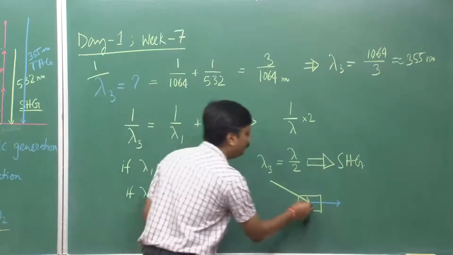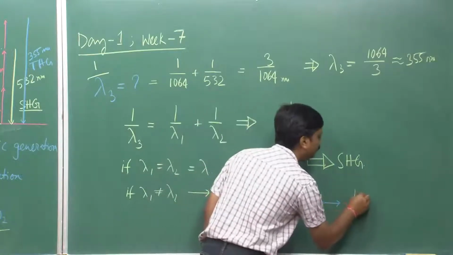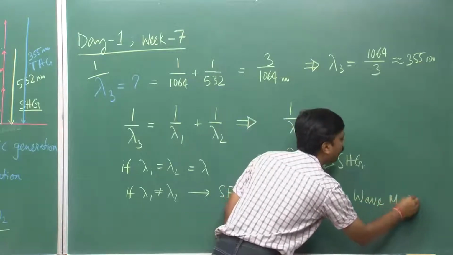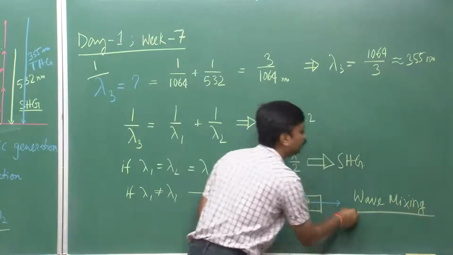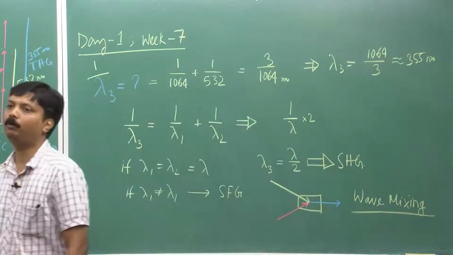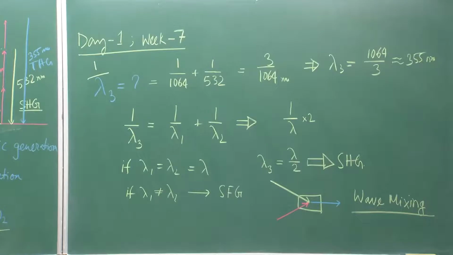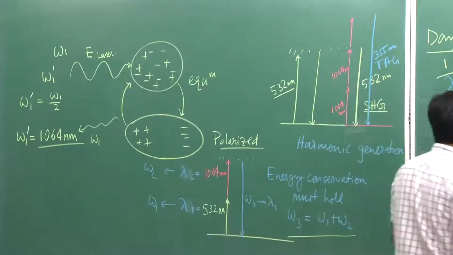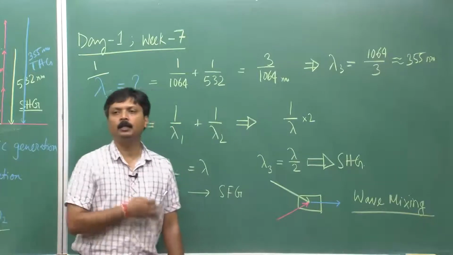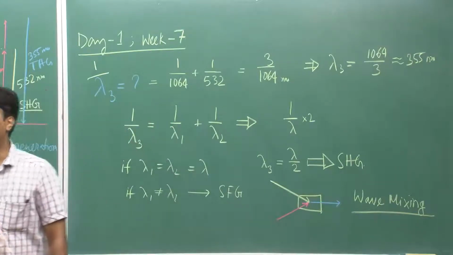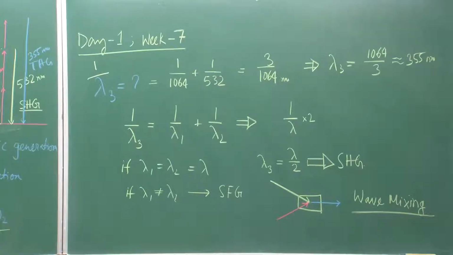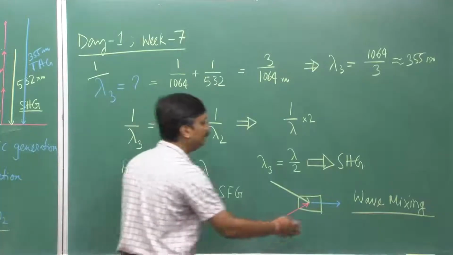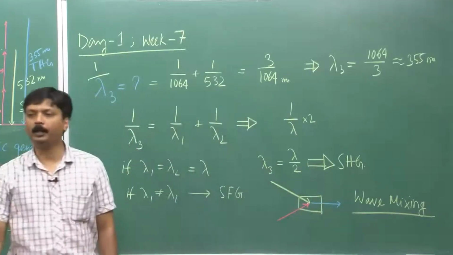So, they are being mixed here, and this is why this is also known as wave mixing. Wave mixing has tremendous importance in various fields, starting from physics, chemistry, spectroscopy, material science, and electrical engineering. Everywhere you will find applications of this process of wave mixing, which is a nonlinear optical phenomenon.